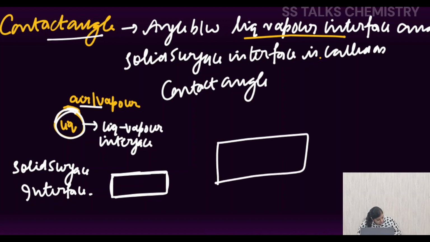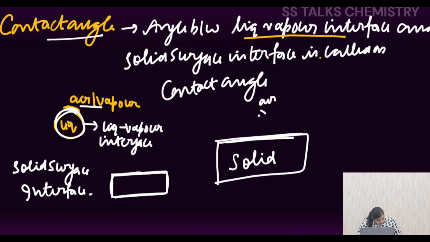Suppose this is the solid surface I am having. The outer boundary of the solid substance is going to be its interface, and for the drop we have the liquid and the air interface. You have to make the point of contact between these two.